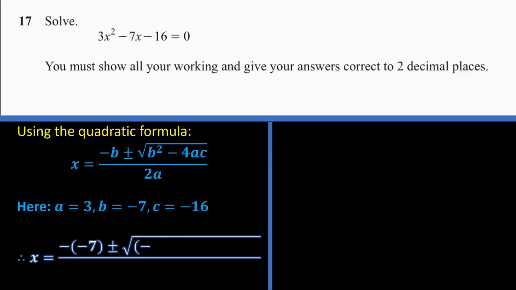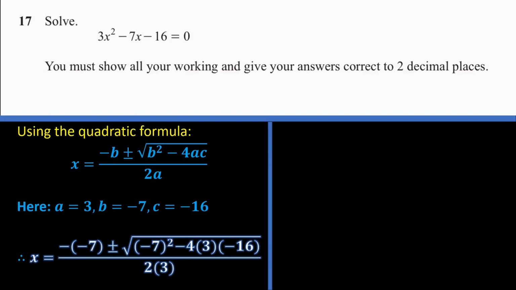So we'll use the quadratic formula again. You need to understand the quadratic formula, which has already appeared here: s equals minus b plus or minus square root of b squared minus 4ac, over 2a.